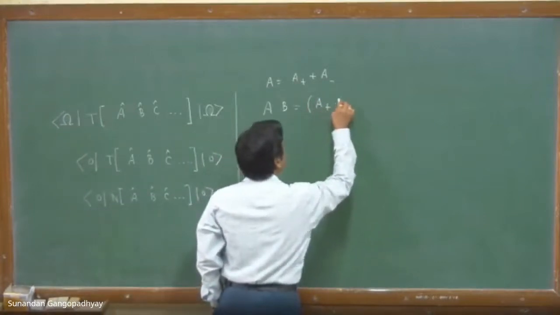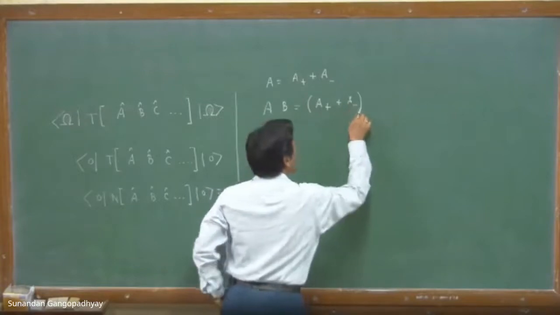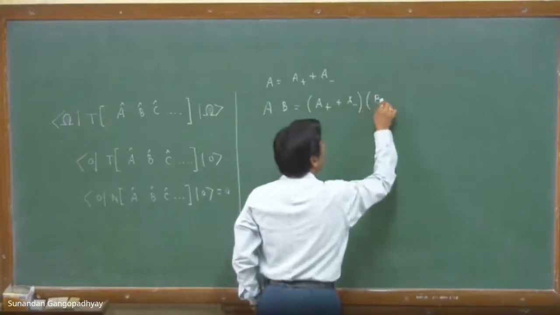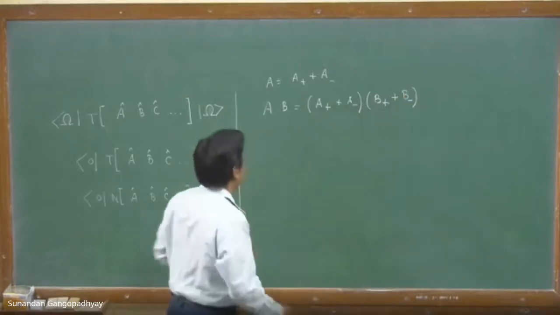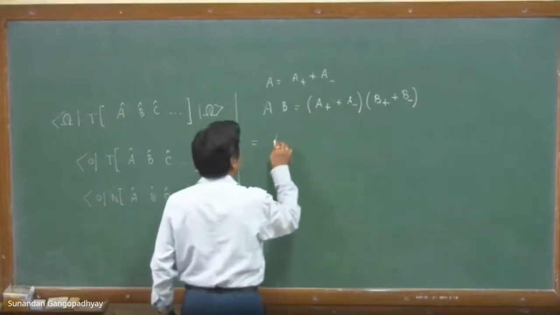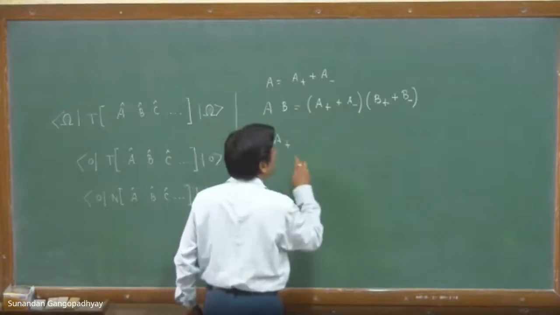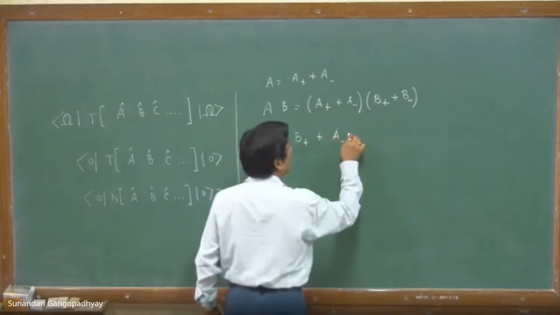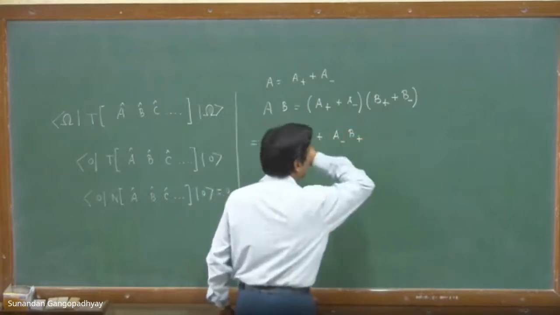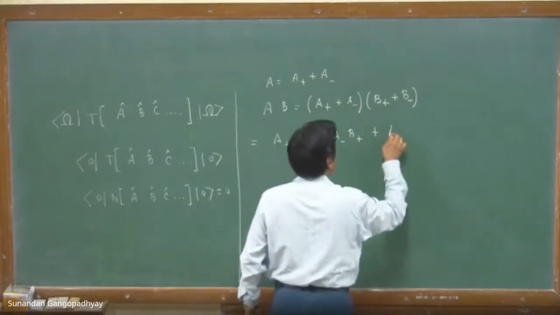Now we just multiply this out. So this is A plus B plus, and I'm just repeating the part that we were discussing. Let me do it once more. This will be A minus B minus.